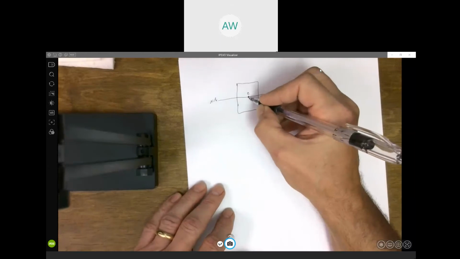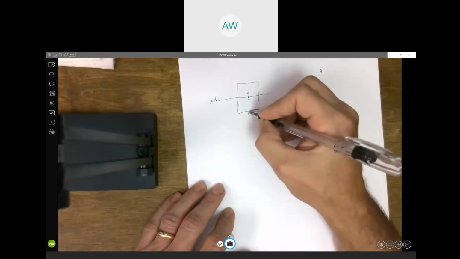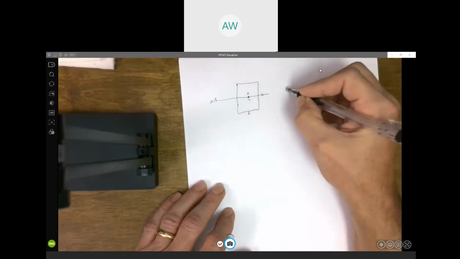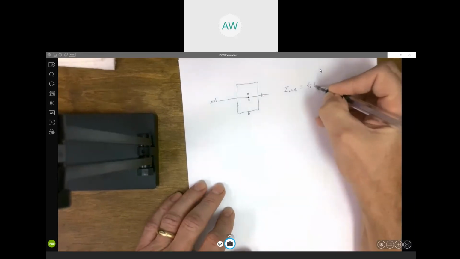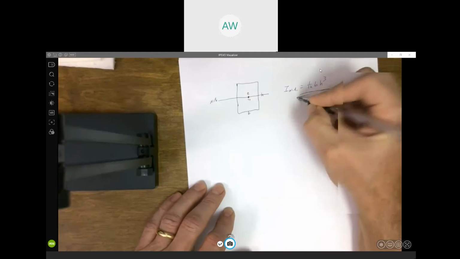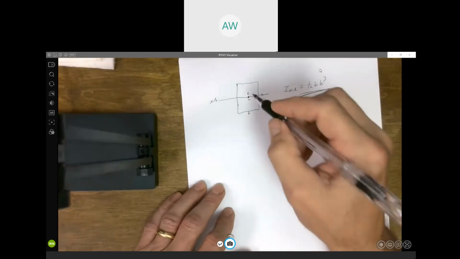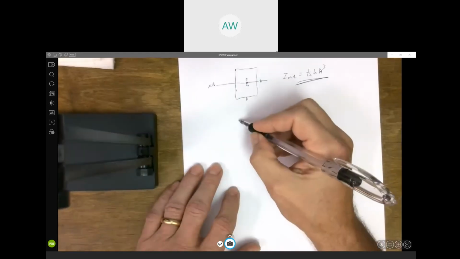So maybe we'll call this C1. They coincide. So if this is base and this is height, here it would just be 1/12 base times height cubed. And that's it, because the centroid of that area is on the neutral axis.